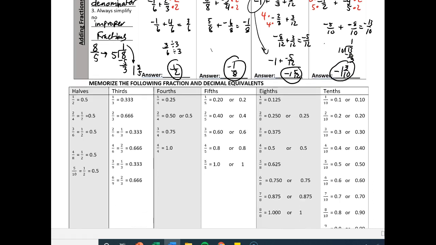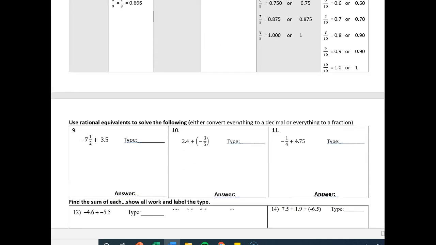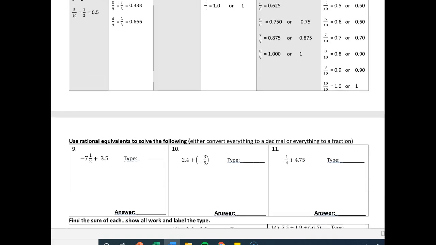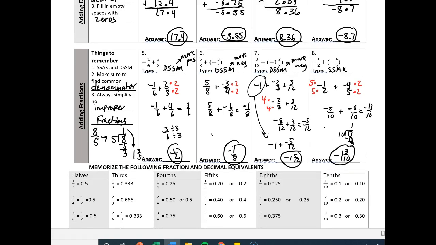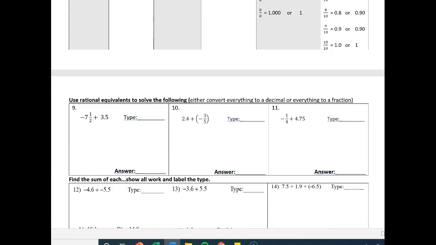You'll notice I have the halves, thirds, fourths, fifths, eighths, and tenths, the fraction and the decimal equivalent. Why? Because in a little bit, I'm going to start throwing stuff at you where I have a fraction and a decimal. And basically, I'm going to have to say, wait, 7.5? If I take a look at a half, oh, a half is just 0.5. So really, that just says negative 7.5 plus 3.5.